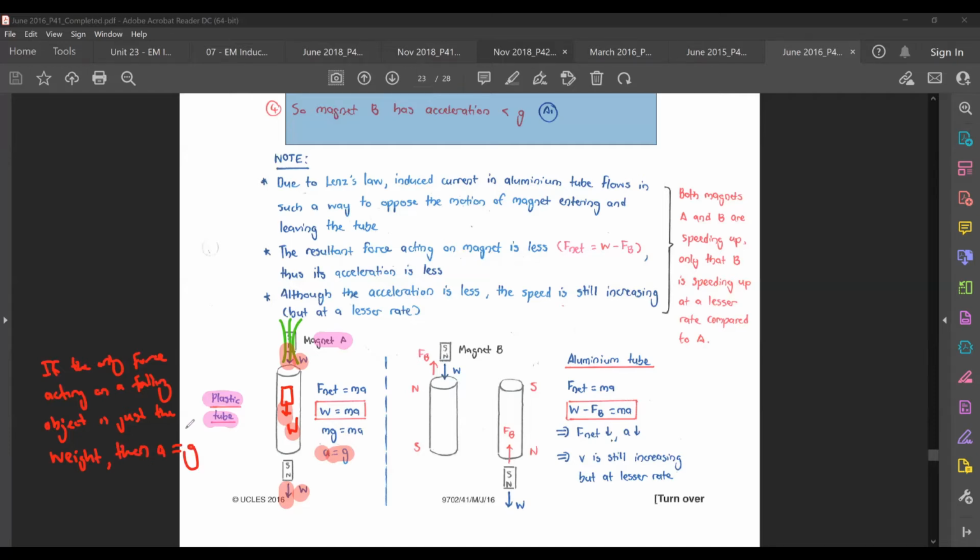So here my object is always experiencing just the weight. There's no other force acting. Its acceleration will always be equal to g. Simply put, right?